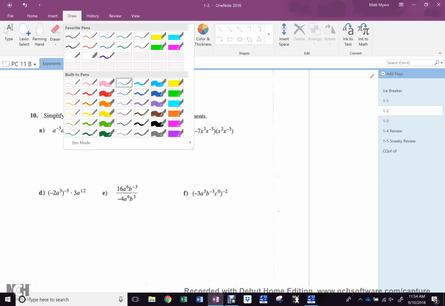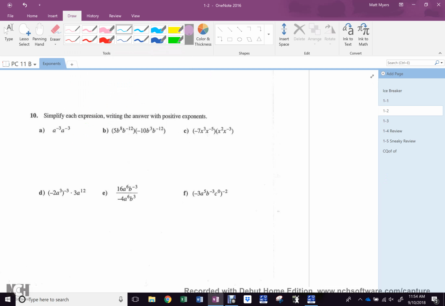Okay. 10 BC. So, numbers with numbers. 5 times 10 is negative 50. Letters with letters. 8 times 3, you add the exponents, b to the 11th. And, oh, crap. I thought those were a and b. I didn't read that right.